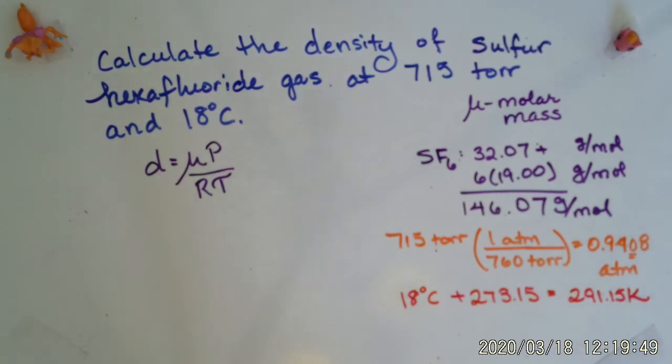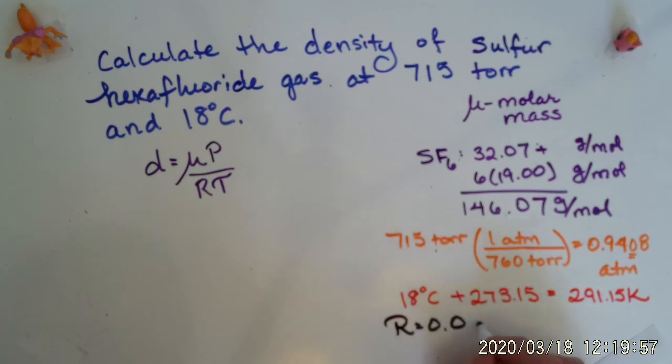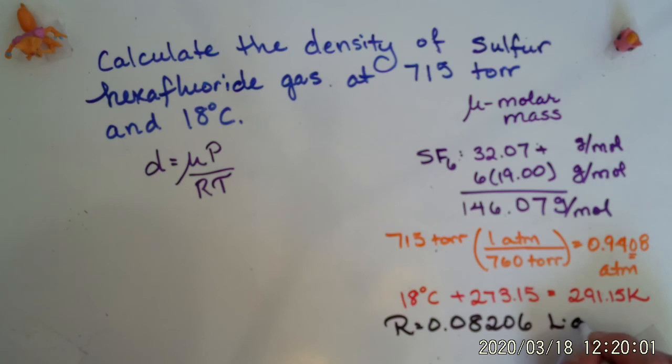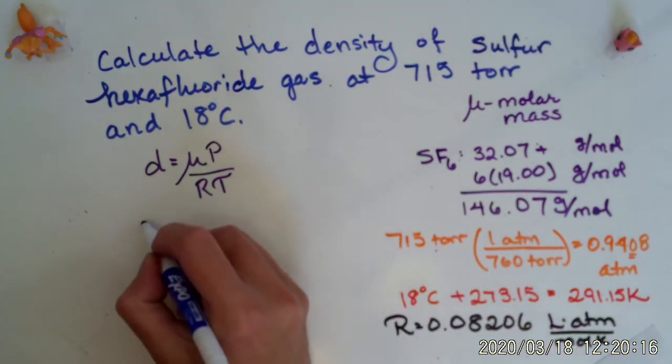R is a constant and it's given: 0.08206 liter atmosphere per mole Kelvin. Okay, so now that we have all of our variables, we can now determine density. So let's start plugging everything in.